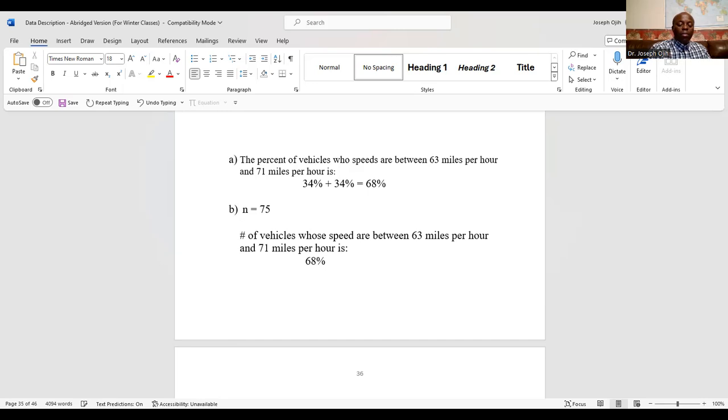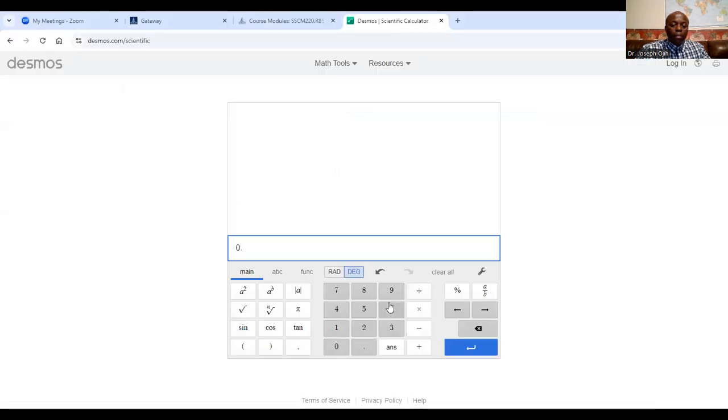When you change it to decimal, you're going to have 0.68 times 75, and that will give you the answer you're looking for. 0.68 times 75 is 51.